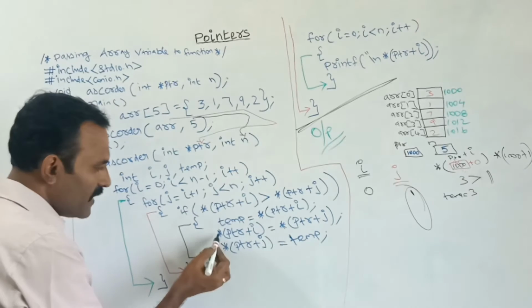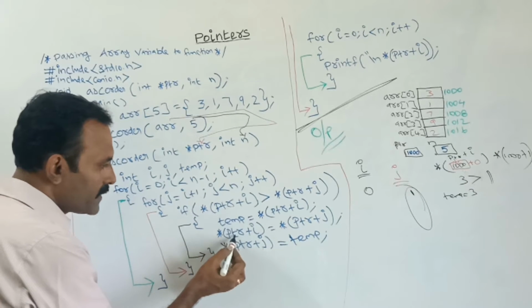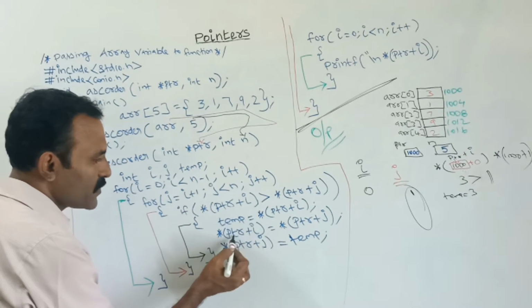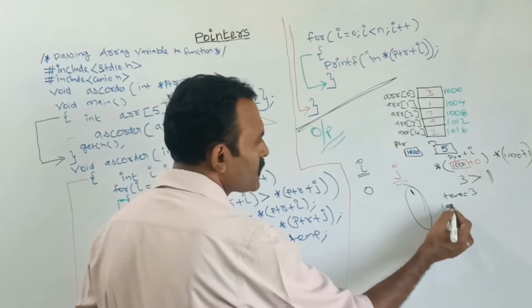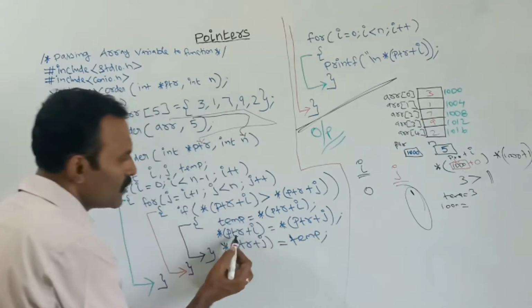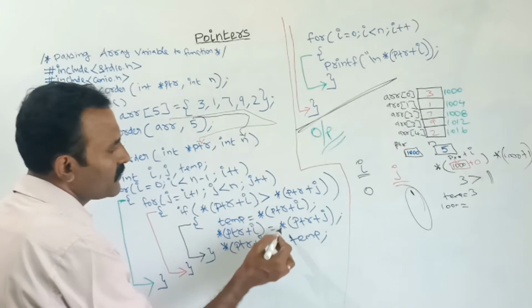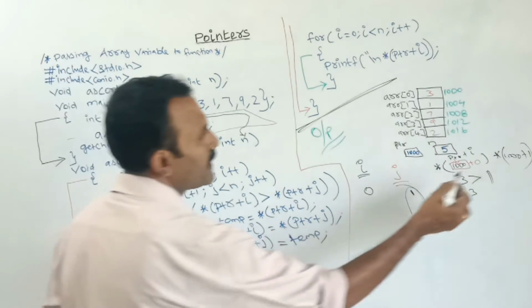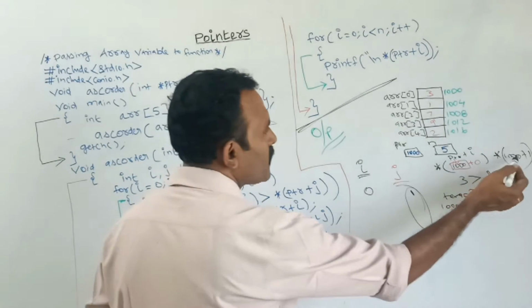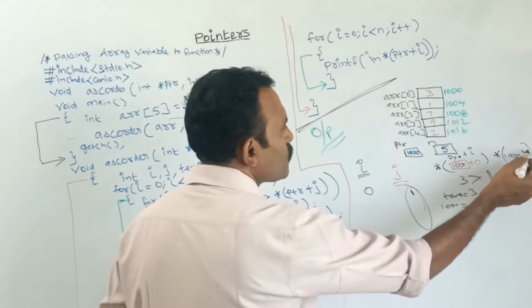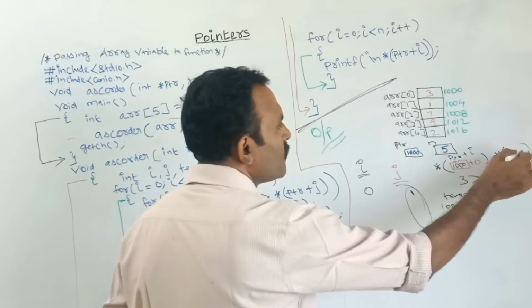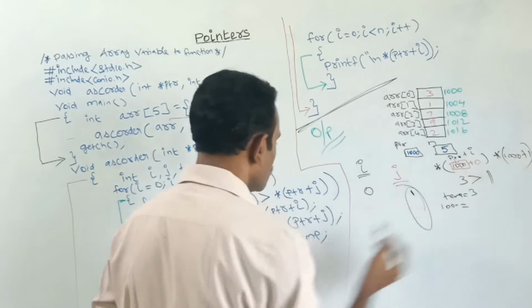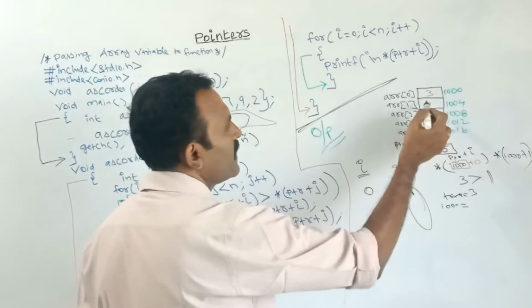Next, the value at ptr plus I, where I is 0, that is 1000 plus 0, 1000, the value at 1000. In the 1000 address I am storing the value of ptr plus j. What is ptr plus j? Here 1000 plus the j value 1, that is 1000 plus 1, and 1 means it will take 4 bytes, 1 into 4, 1004. At the 1004th location the value is 1.